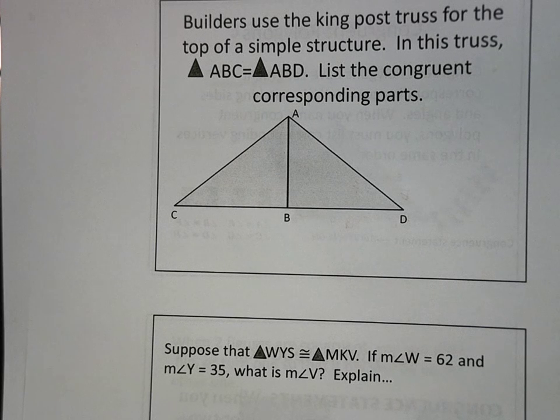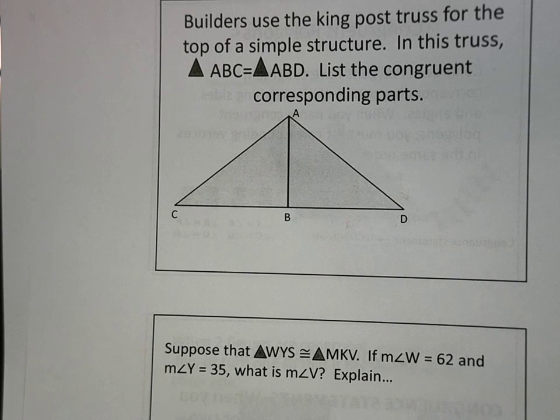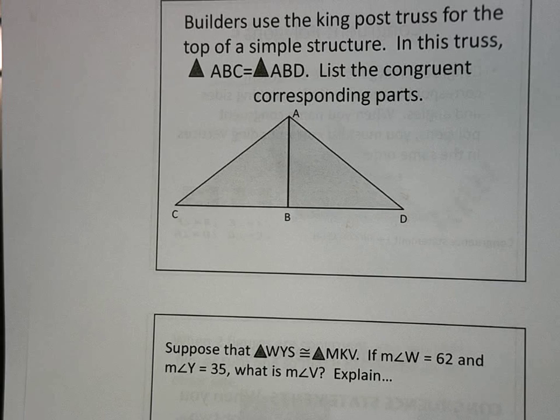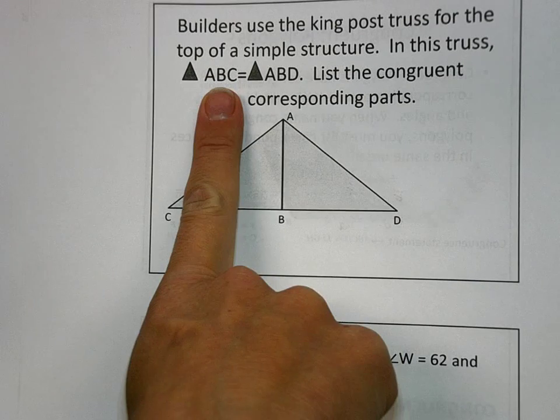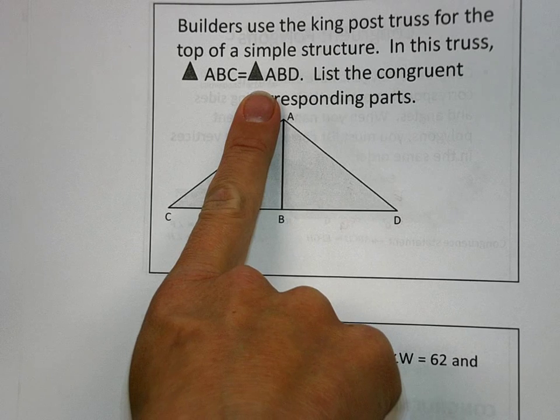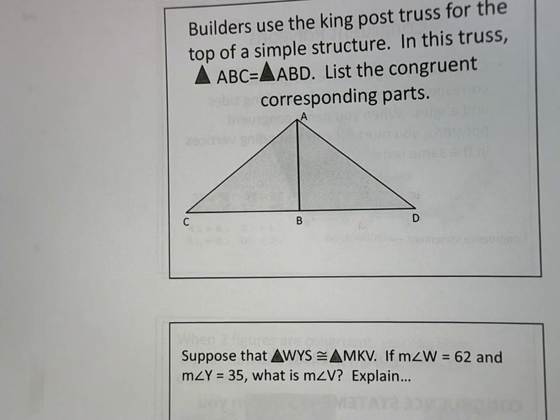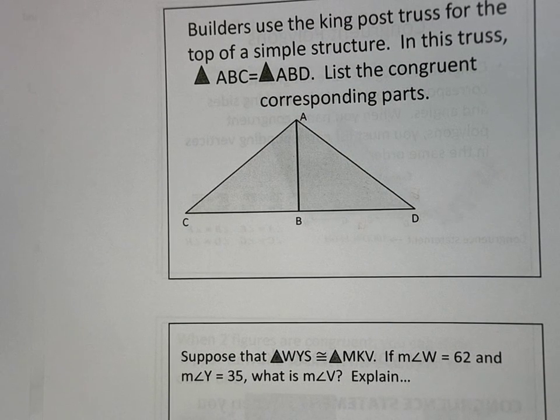Think about the triangles you see in some cabins and even some houses; that is called a king post truss, how it's being built. In this truss, they have told you that triangle ABC is congruent to triangle ABD. So now they want you to list the corresponding parts.